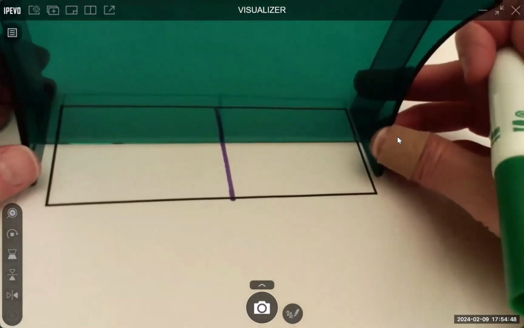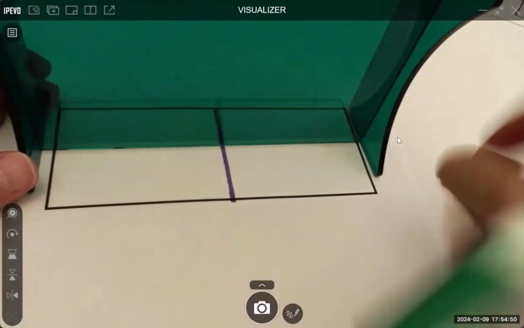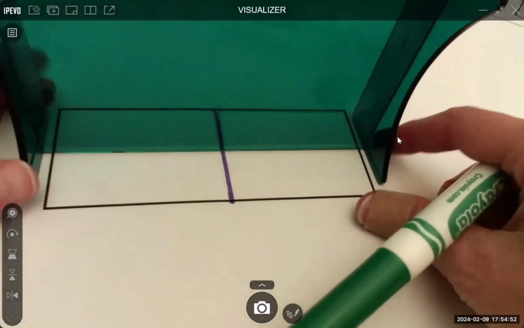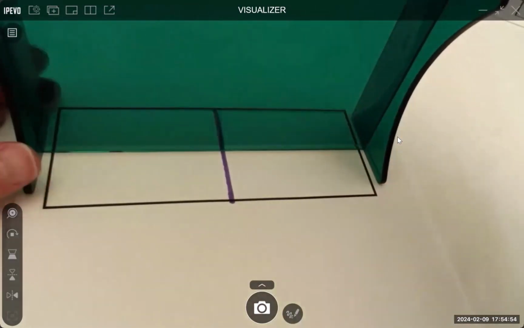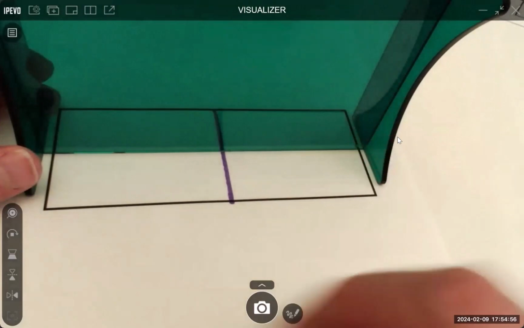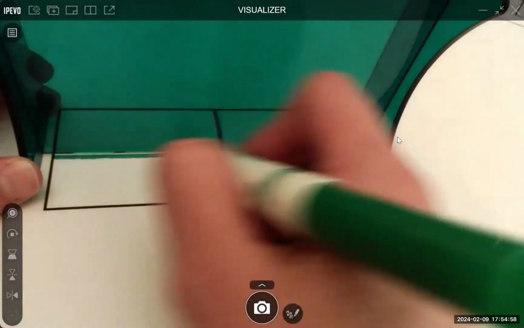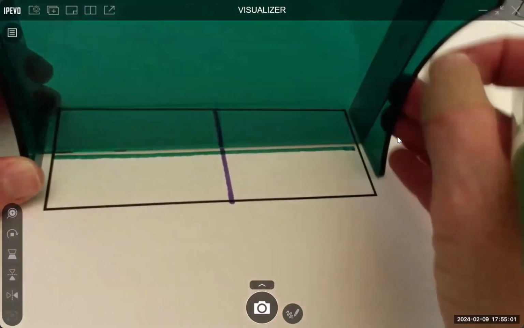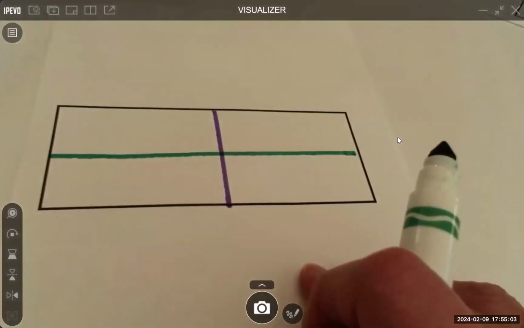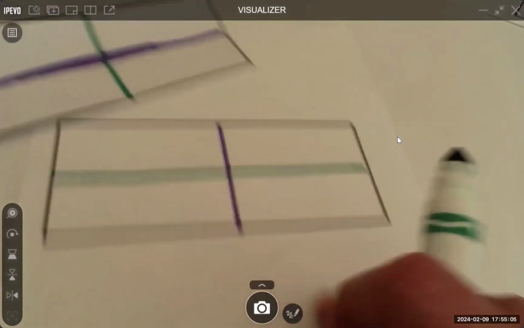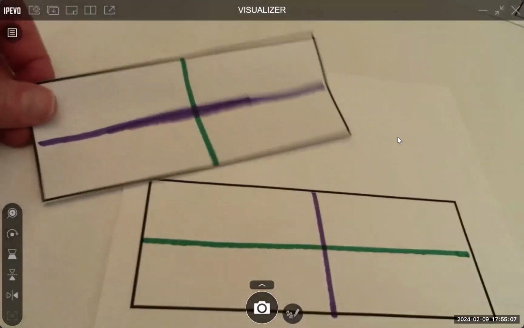It's being reflected in my mirror here. So that means that the reflected image matches this image. Therefore, there is a line of symmetry this way in my rectangle. And again, we discovered that here as well when we folded our shapes.